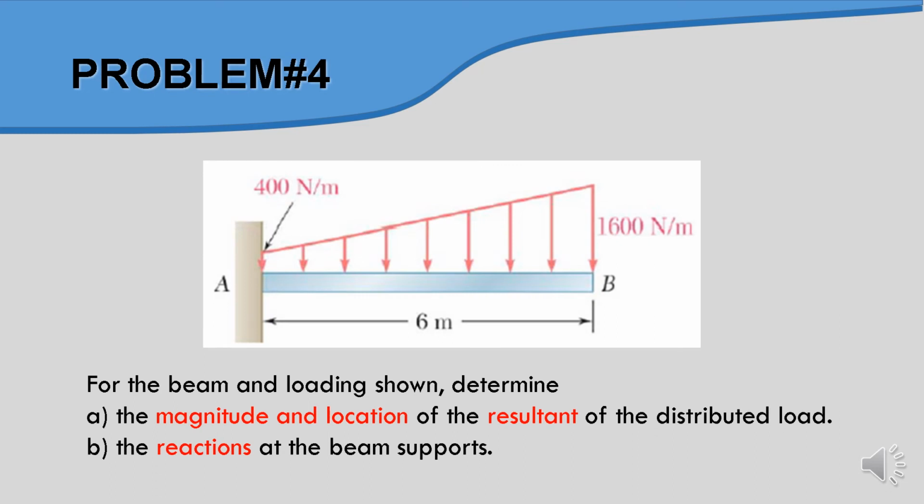For problem number 4, it's actually the same thing. You need to get the surface area of this distributed load. The highest value is 1600 and the lowest value is 400. In this case, you can divide into a rectangle and a triangle, or, as in the previous slide, you can divide into 2 triangles here.